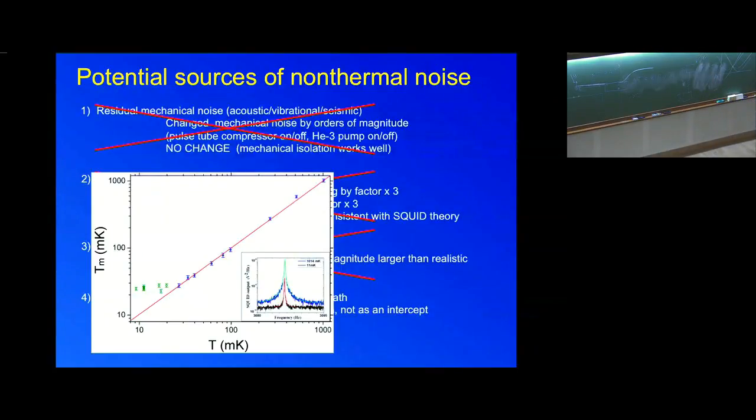If you do this simple model, which is a reasonable approximation of this system, you can calculate how much the temperature is here compared with the temperature of the thermal bath.